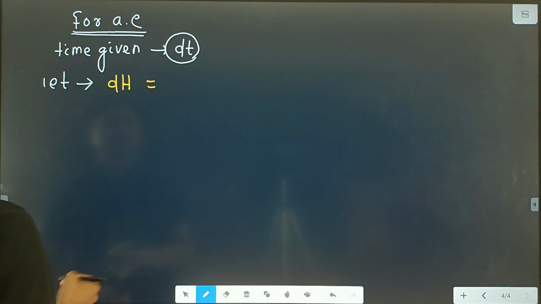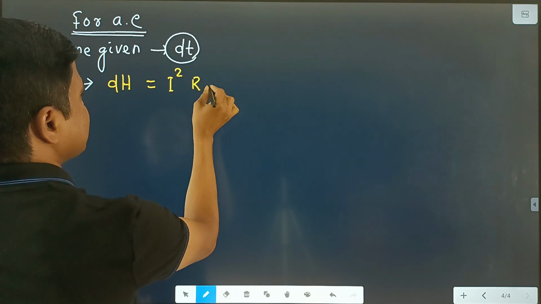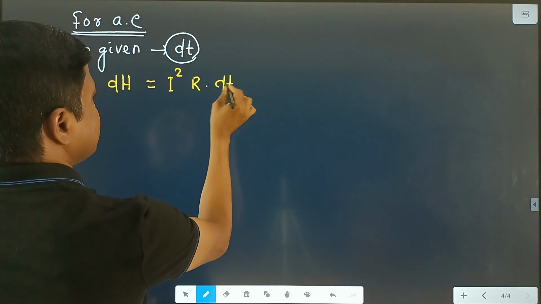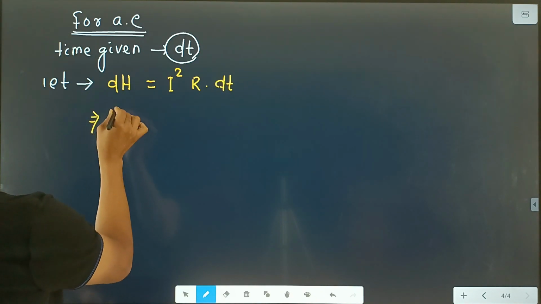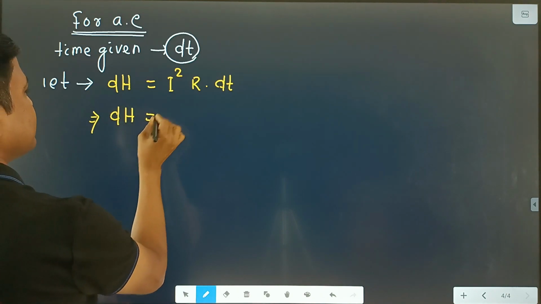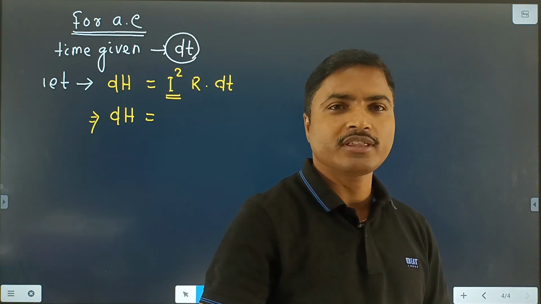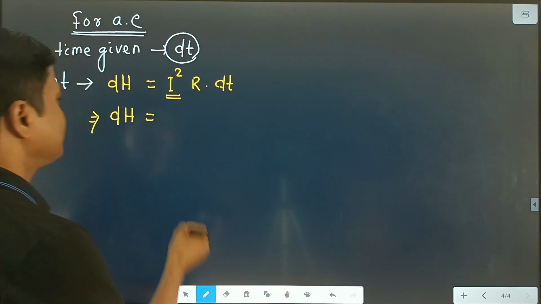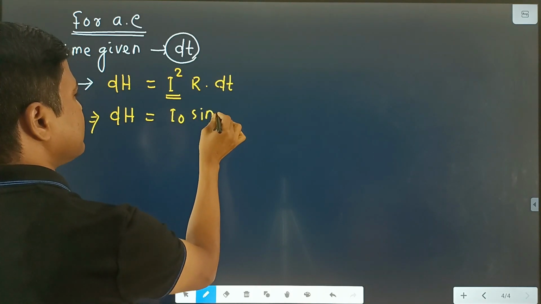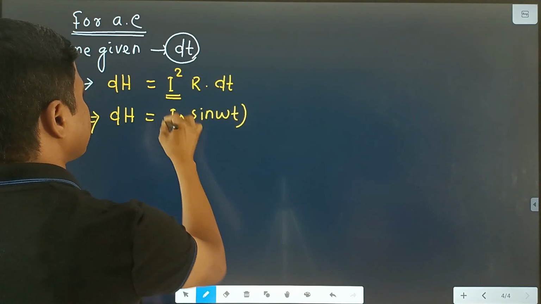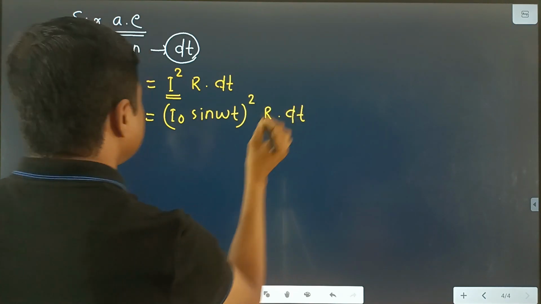Then what is dH? You know the formula, that is I square, R is the resistance, and the time is dt. I is the instantaneous alternating current, and you know the expression for I. In place of I, we write I0 sin omega t, squared, multiplied by R dt.